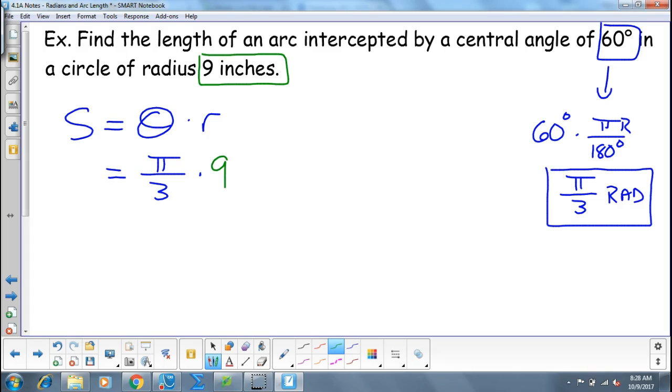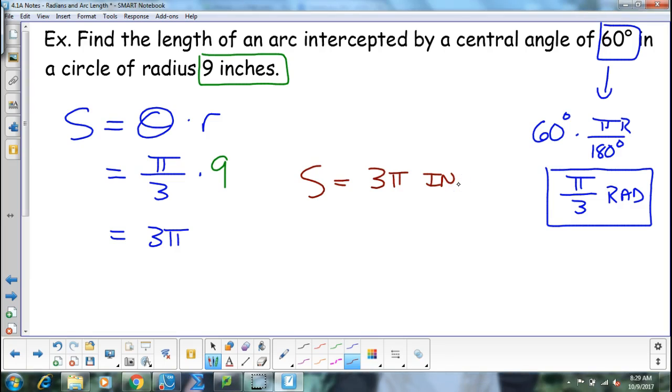So that's going to end up becoming an arc length of 3 pi, right? So preferably, I would give my arc length S here of 3 pi inches. That would be my preferred answer.